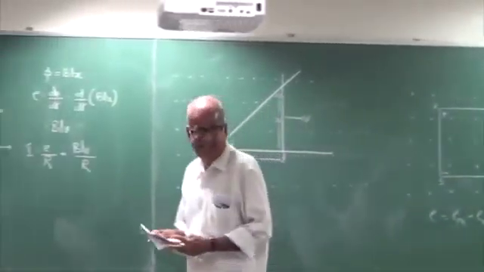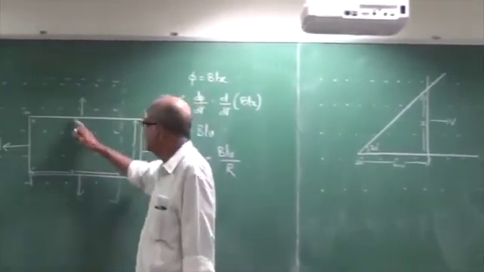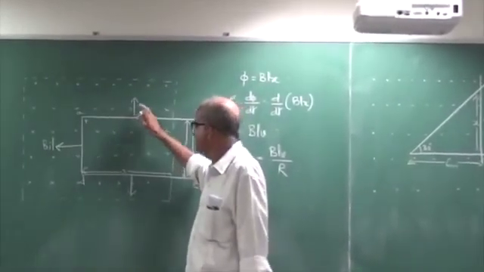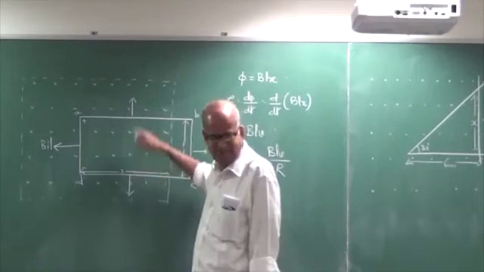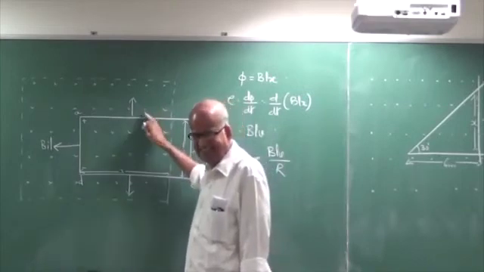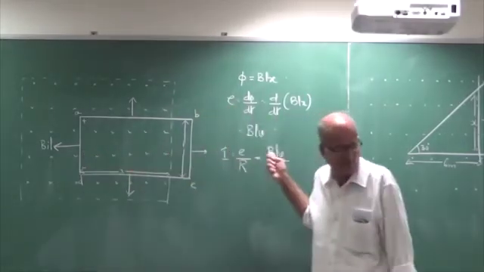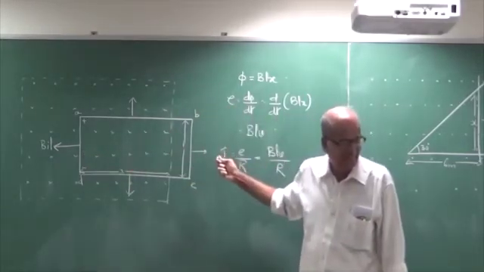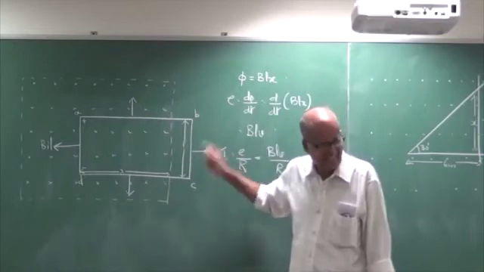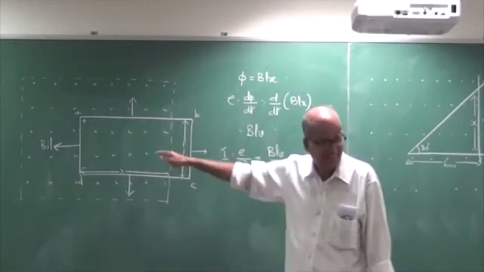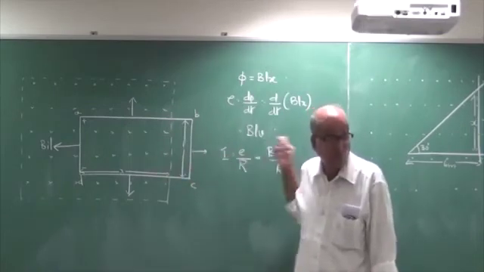Will you agree? Now, the interesting thing is that these two forces cancel each other because they are equal in magnitude, opposite in direction. See, there is a force coming into the picture whenever you try to pull this loop out of the field: a current is induced, as a result of which a force acts which is trying to oppose.